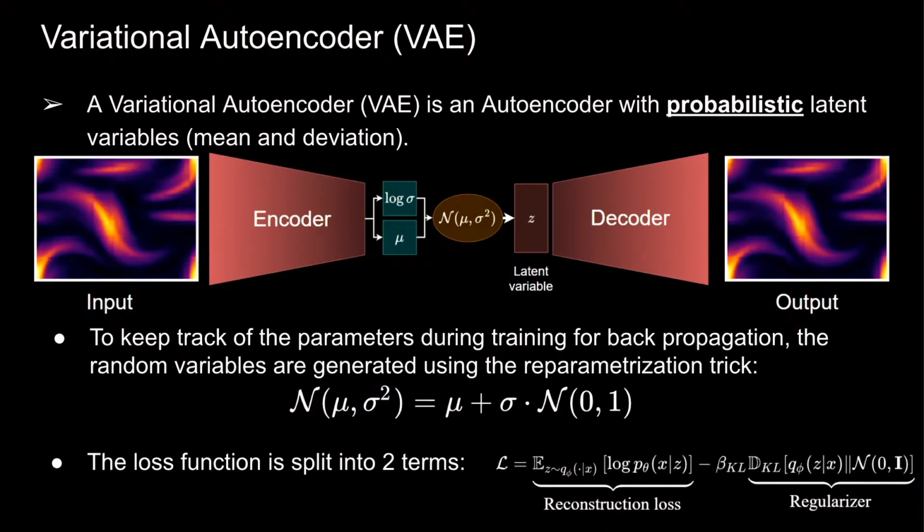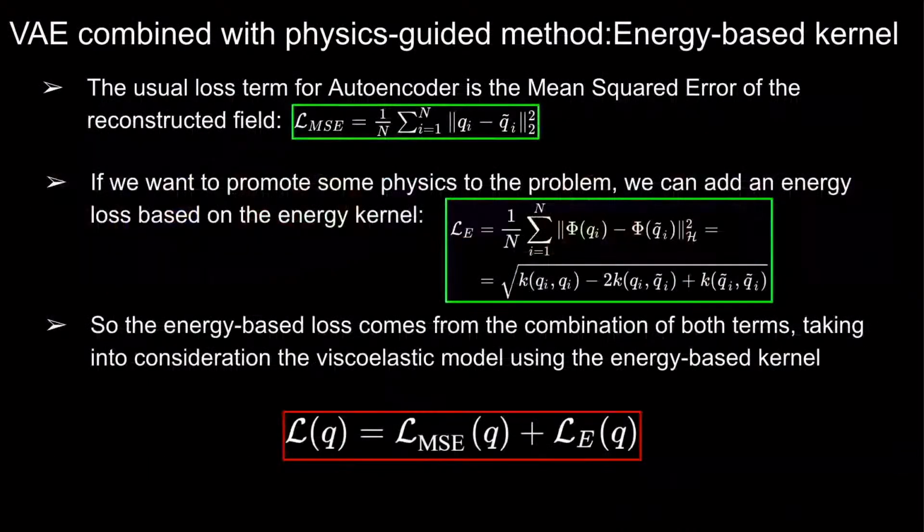Of course, there is a theory behind this construction where you select one distribution, in this case a Gaussian, a normal distribution. But the principal part is the loss function: now we have 2 parts. We have the reconstruction loss, and also one additional term to regularize this function when you are solving a problem with more chaotic data.